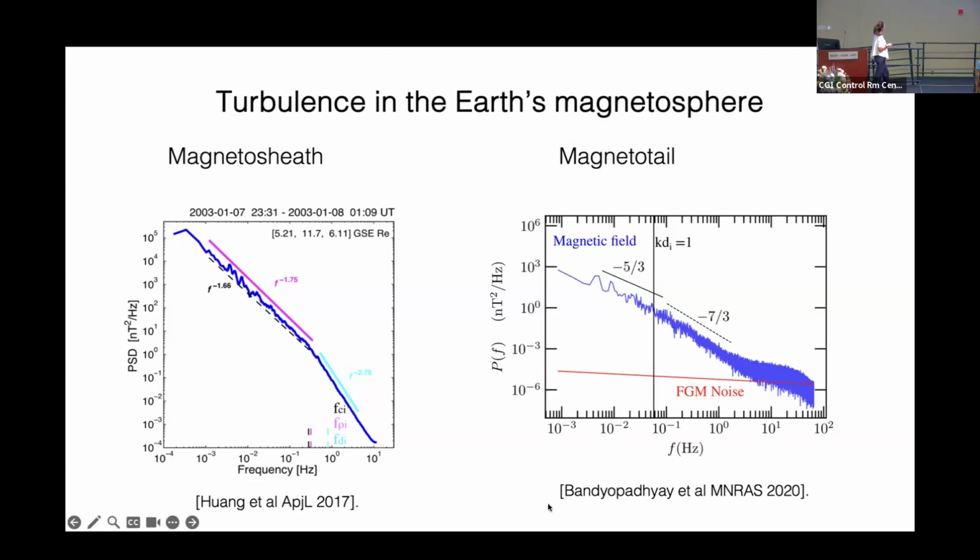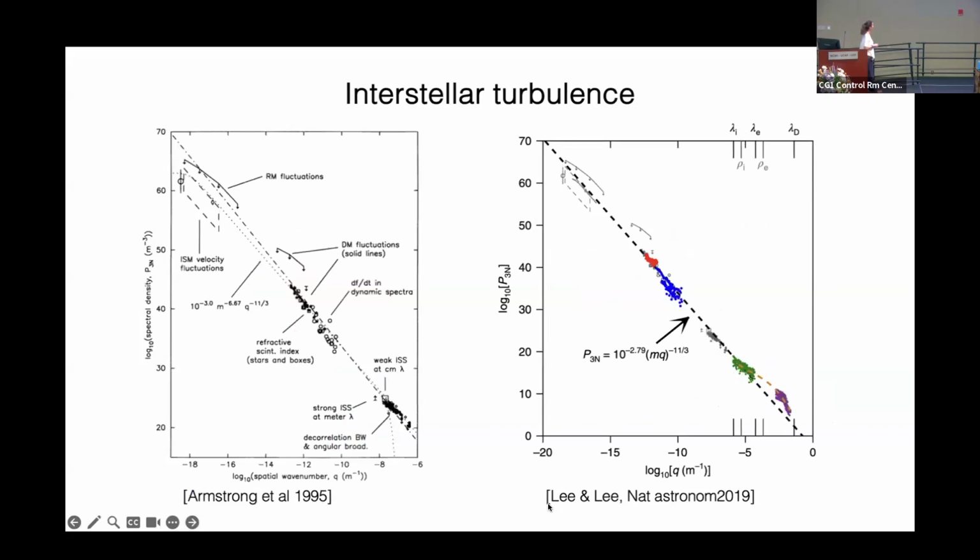Okay, so similar cascades are observed in the magnetosheath here. This is the magnetotail. And also in interplanetary space, there is evidence of Kolmogorov cascade. So here these are old data.